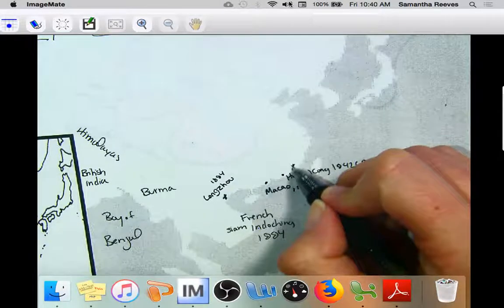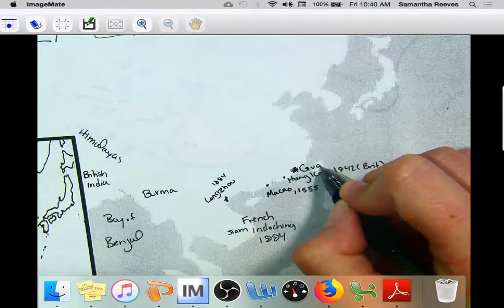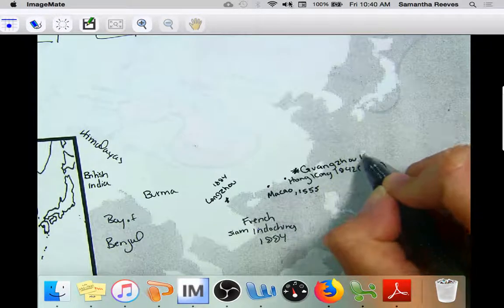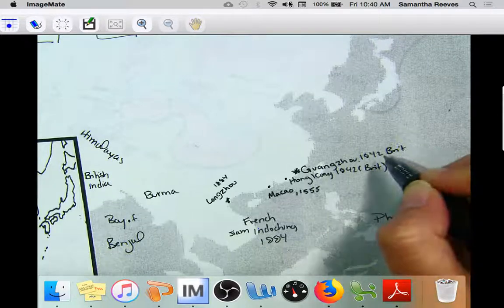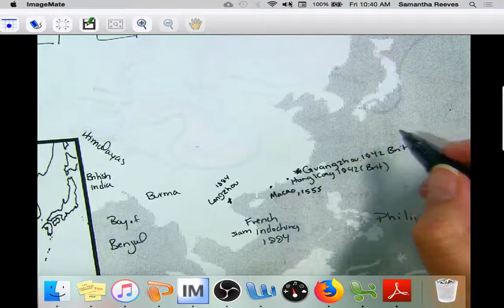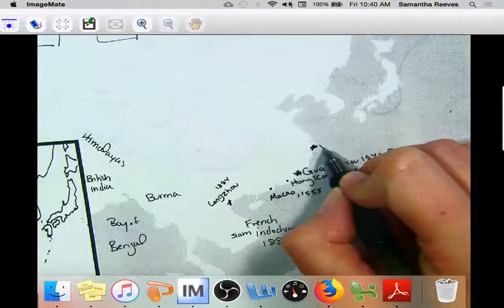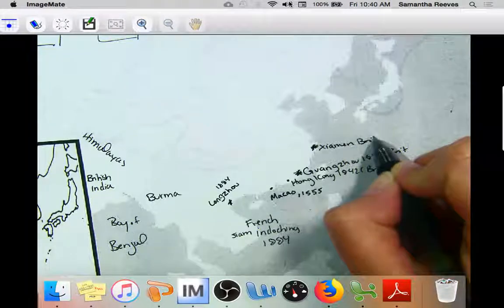Treaty port, star, Guangzhou, 1842, British. Okay, we're going to put a treaty port. It's Xiamen, and it's controlled by the British.